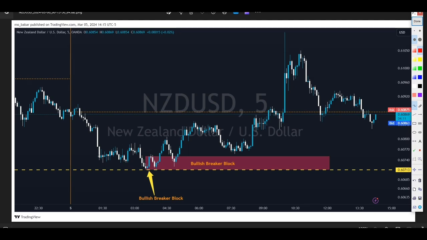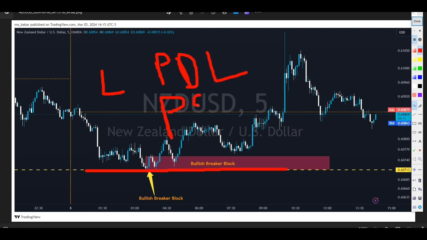Now here's what you guys are seeing. This yellow line is actually a liquidity level. Now this liquidity level could be previous day low, previous session low, or any low that is showing us a possibility of a market changing its direction.